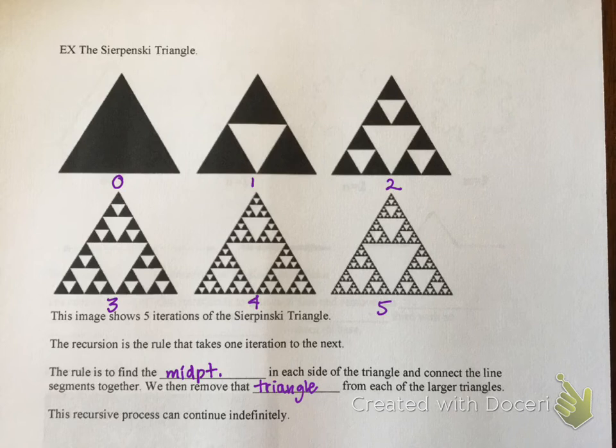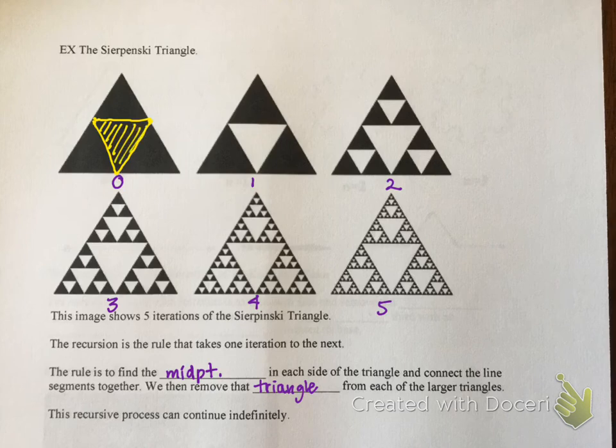I'm going to go ahead and grab a yellow marker here. So the first one, we see an equilateral triangle. I find the midpoint on each side of the equilateral triangle. And what I do is I connect those pieces together, and I get an equilateral triangle.